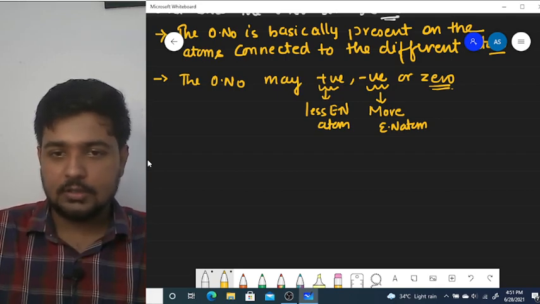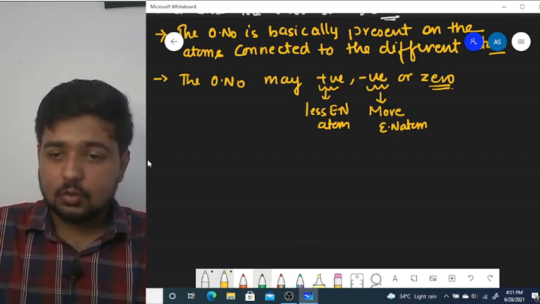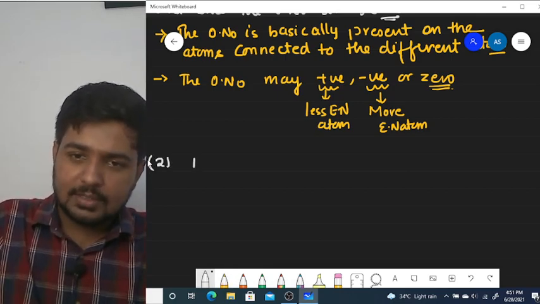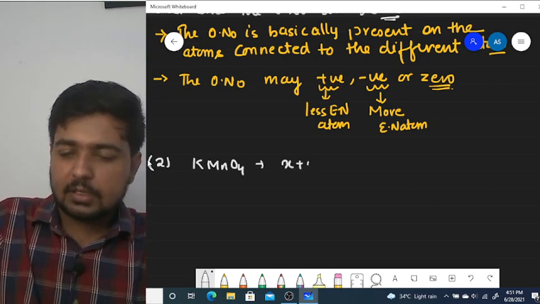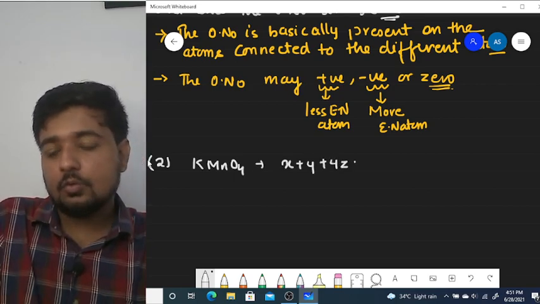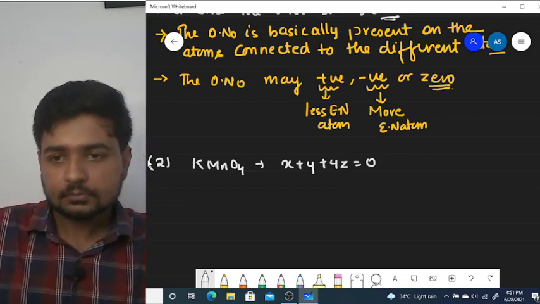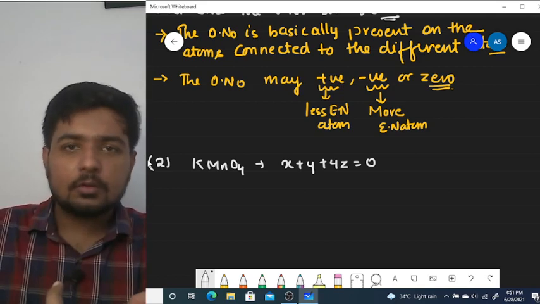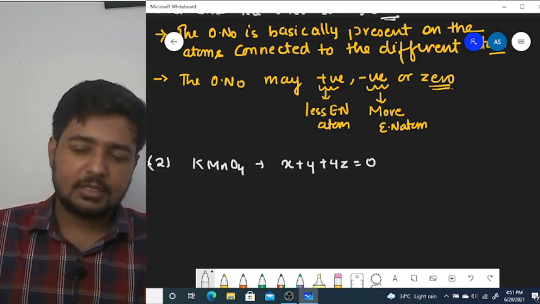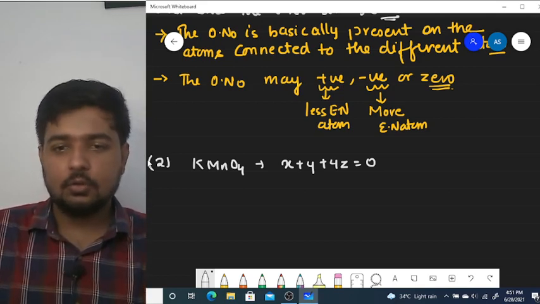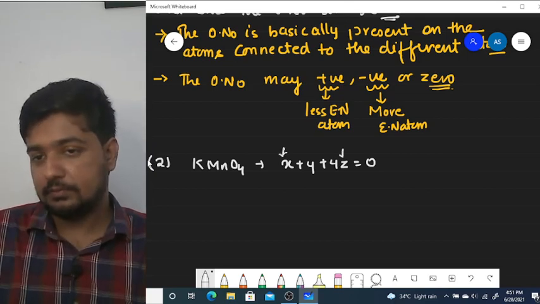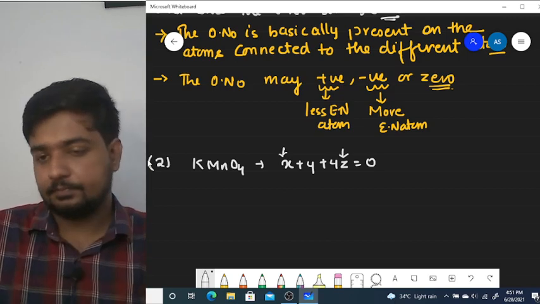Is it clear? So these are some note points which you must know. Now the question is, what is the second rule? You had seen that in KMnO4 we have x plus y plus 4 into z is equal to 0. If you want to find out the oxidation number of any one of the elements present in this molecule, then we must know the oxidation number of the other elements' atoms.